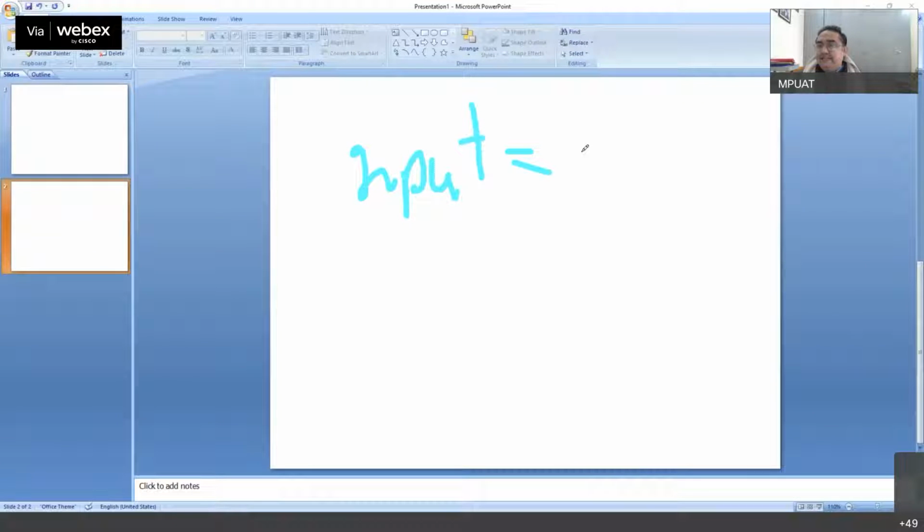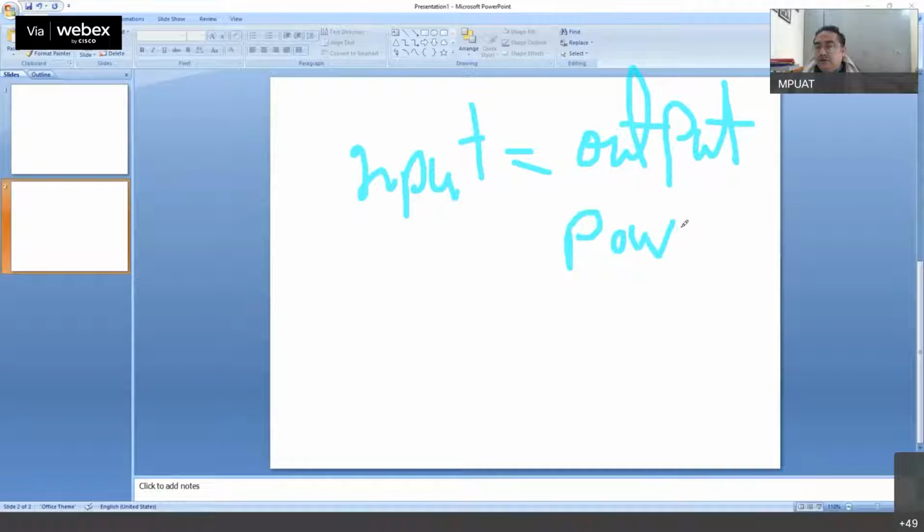The second characteristic is that it transfers power of one circuit to another, and ideally input power is equal to output power, ideally. But practically what happens? There are some losses in the transformer itself. Therefore, P in is equal to P out, which you get at the terminal end, plus losses.